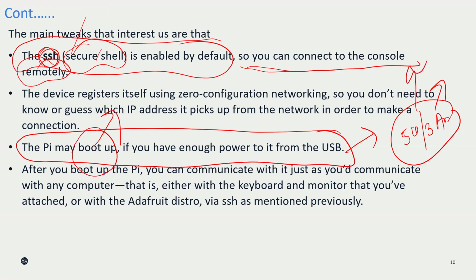Regarding the voltage, if you apply more than 5 volts and the board still protects itself, that is good, but they did not give any protection for this particular Raspberry Pi. If you apply more than 5 volts, there is no protection, the board will definitely be blasted, and you cannot use it further. So that is one thing you should remember.